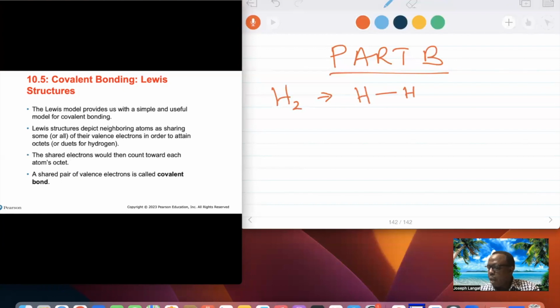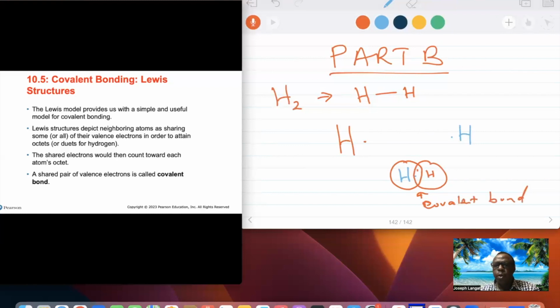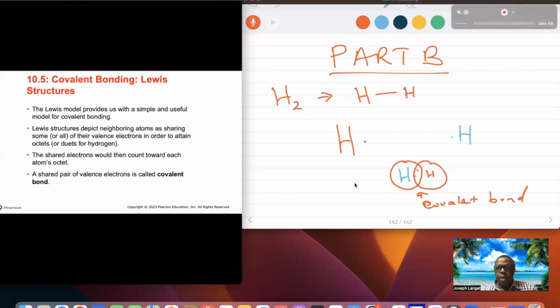This is the sharing of electrons. Each hydrogen has one valence electron, and when they form hydrogen gas, they share electrons. This is the covalent bond, which is called a duet, meaning that each hydrogen has 2 electrons.